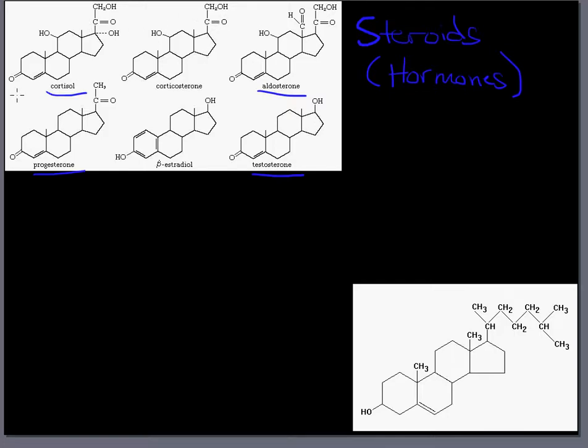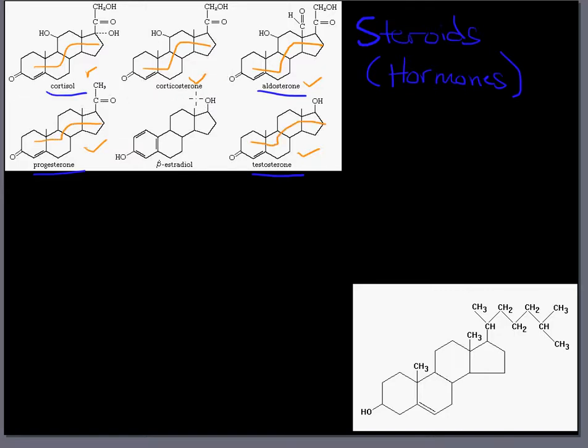Same thing with this guy down here and this guy down here. So cortisol, corticosterone, aldosterone, progesterone, and testosterone. If you look at those structures, these guys here, those rings, they are essentially the same.